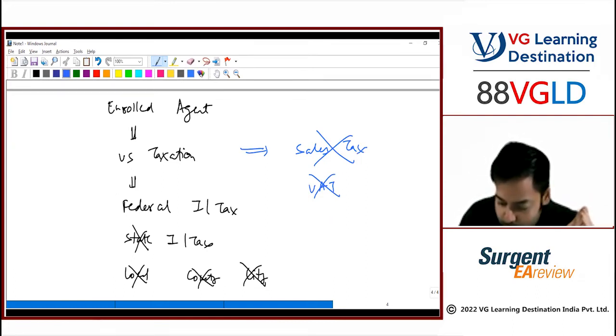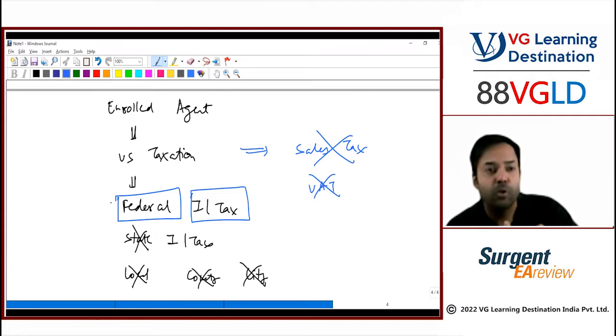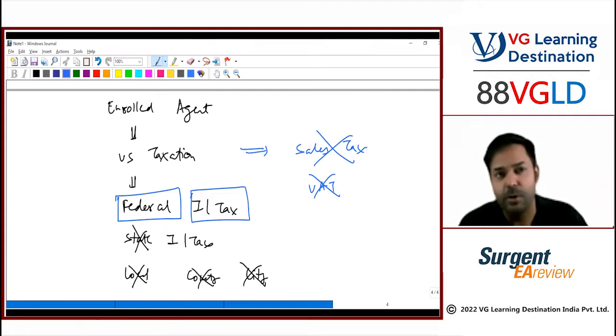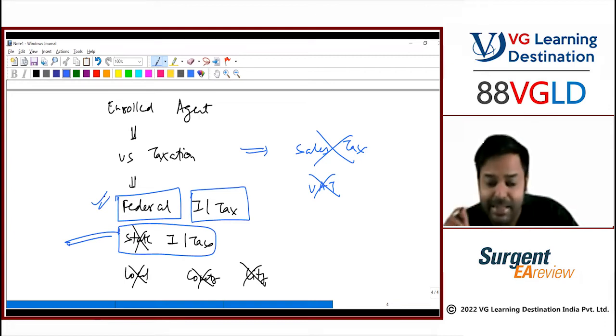So we're purely talking about the federal income tax. That's all. Because it's just not possible for you to remember so many taxations for the 50 states. US has almost 50 states, so you cannot possibly learn the income tax of the 50 states. So we're focusing only on the federal income tax, the central income tax, in that case.